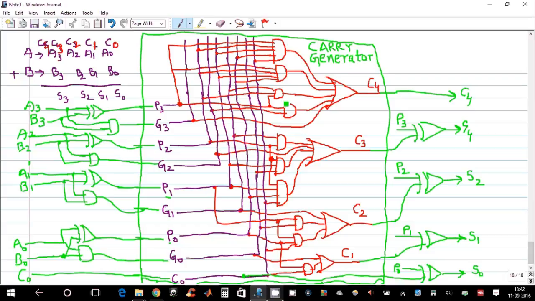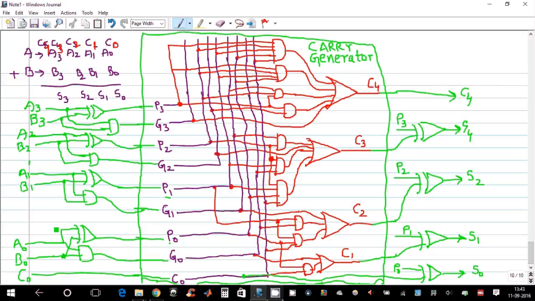So let us divide the entire logic into 3 stages. Let us consider this to be stage 1, the carry generator to be stage 2, and the remaining to be stage 3.